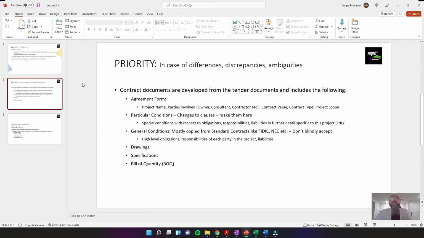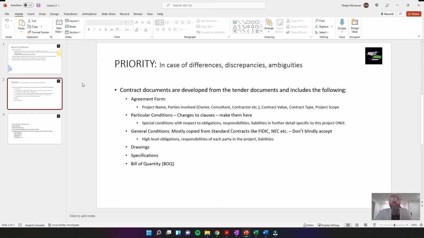In that case, if you don't do what the bill of quantity says, there shouldn't be a big issue, because the particular conditions did not specify that, and they have more authority or priority over the BOQ. So you could dispute that, because even if the BOQ mentions it, there's no mention of it in the general conditions or the drawings or the particular conditions, which are way above the bill of quantity.